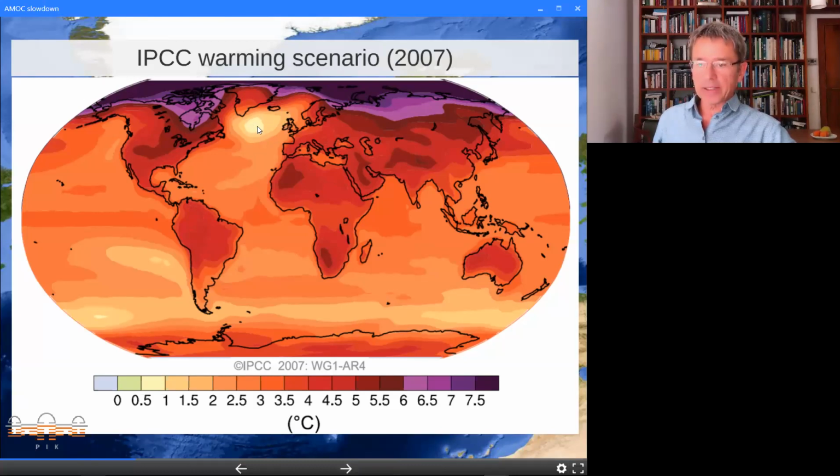This is just 0.5 degrees here in the center. And the reason why climate models predict a minimum of warming or even a cooling under global warming scenarios is the fact that in these climate models, the Atlantic overturning circulation slows down.